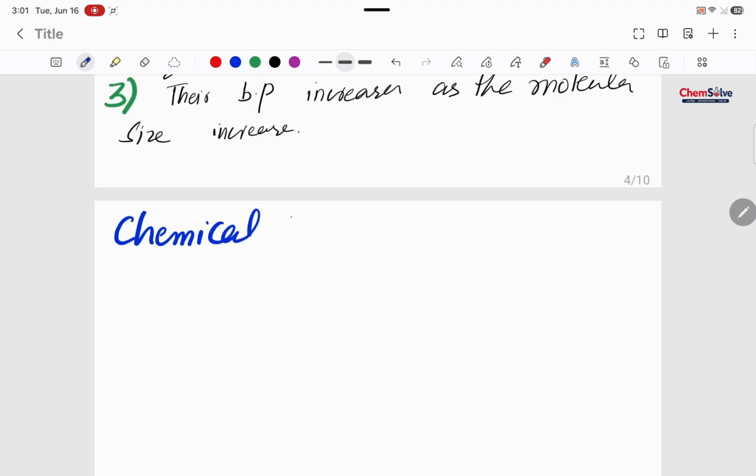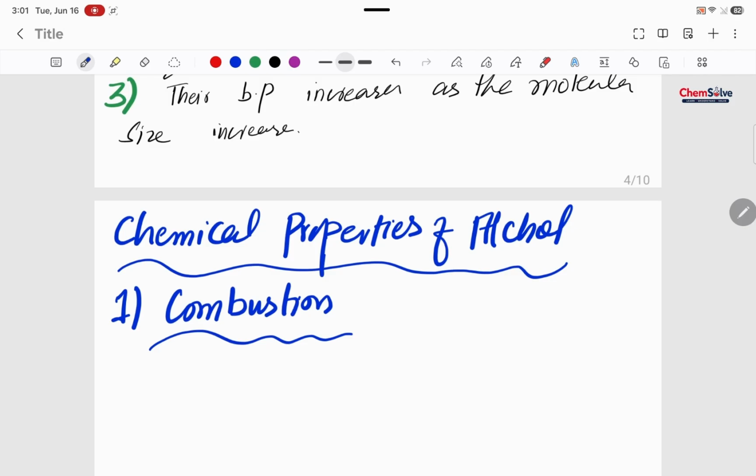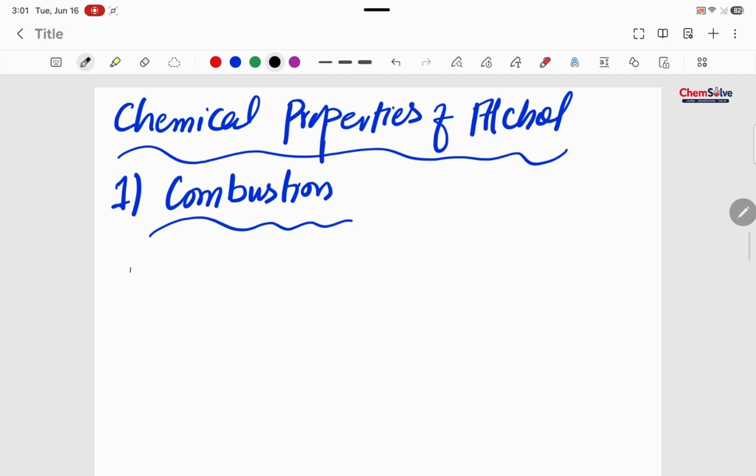Chemical properties of alcohol. The first property is combustion. We know that all organic compounds combust in the presence of oxygen, so does alcohol.